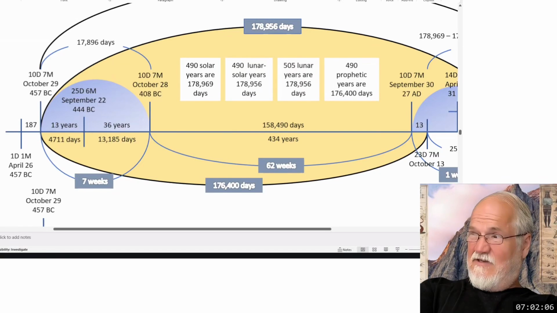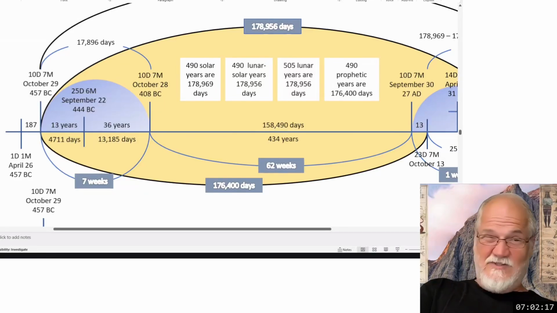So you can see that 490 lunar solar years are exactly 505 lunar years, right? That is, it's making up for the fact that there are these leap months that aren't added to the lunar years, but they are added to the lunar solar years.